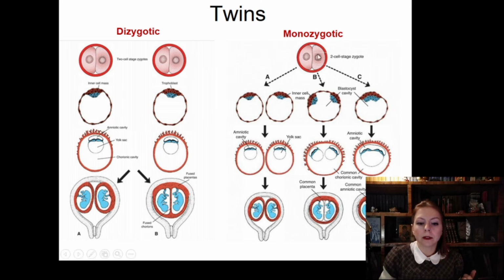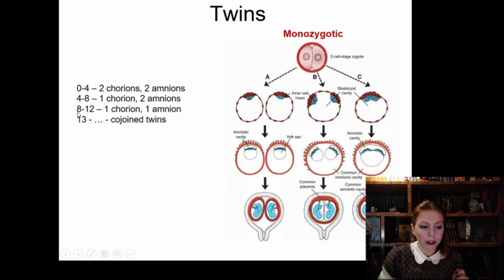In case the fission of blastomeres occurred, let's look at this table, from 0 to the 4th day of development, we'll see two distinct fetuses. So they will have two chorions and two amnions, as in this case. Here they have different placentas.